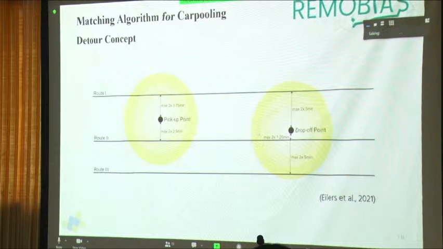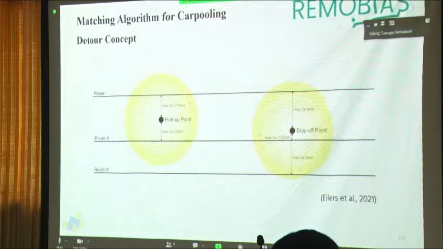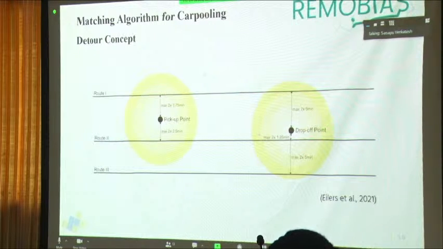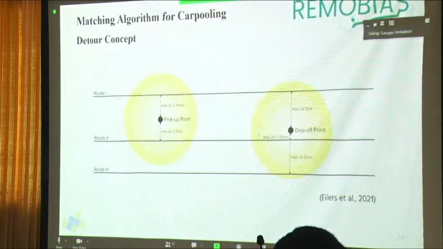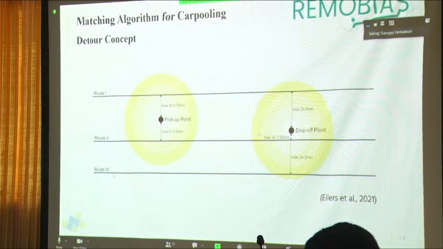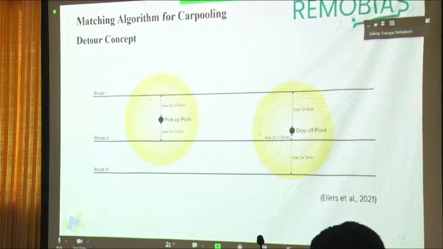Okay, so I'll explain here how this matching system works. Let us assume there are 3 drivers here. They put in their routes for the carpooling.